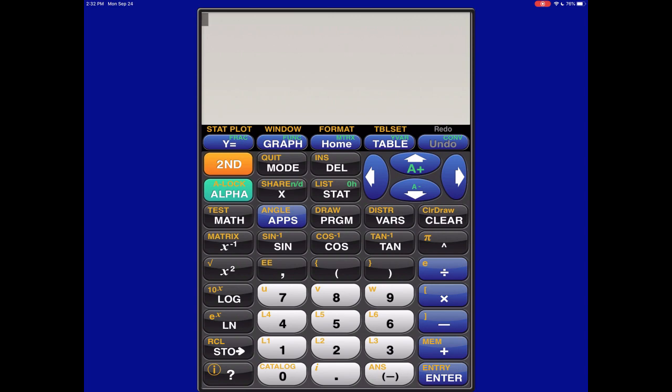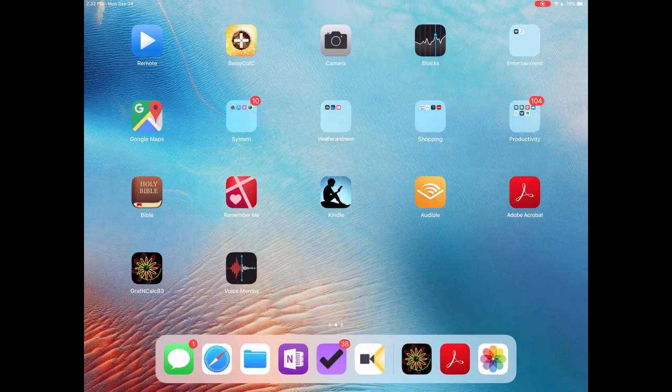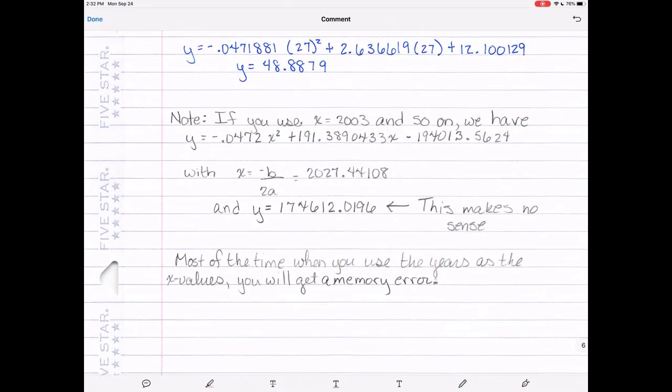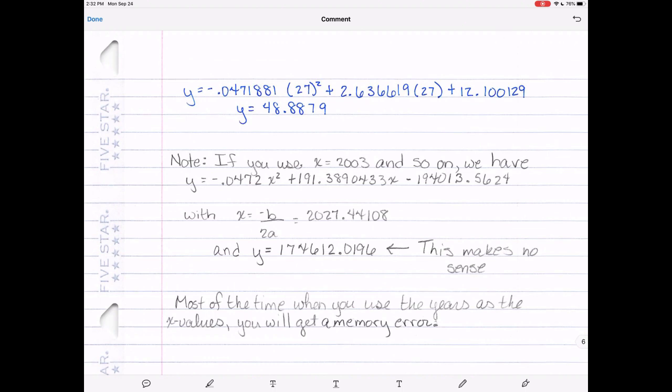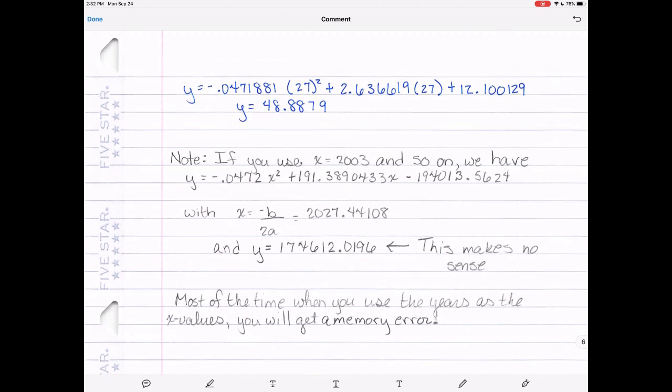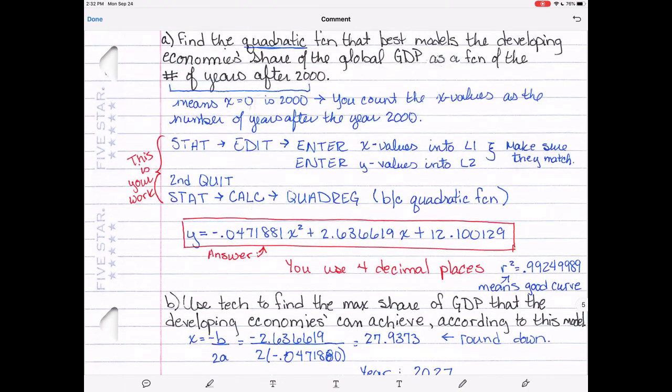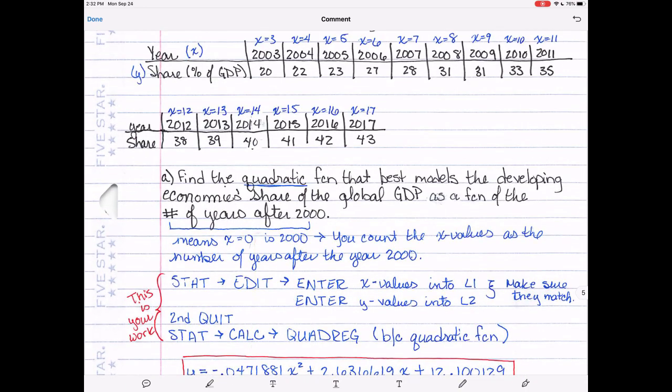But what I want you to realize is that as you're working, that should cover everything you need to know for the regression. Now, there are some of the regression homeworks. Let me go back into the notes so that you can see. First off, read this note. If you use the years as your x values, you will get an error.